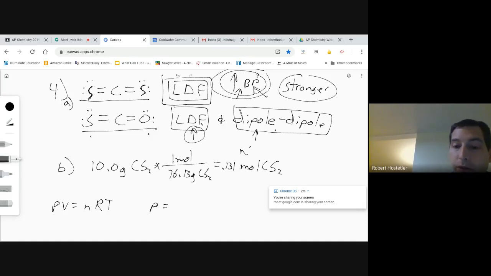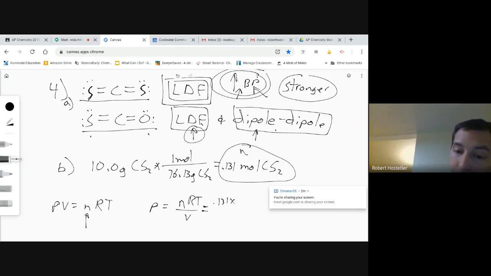Now, if we know the number of moles of the part we're talking about, we can determine the pressure of the part we're talking about. So we're just going to take our n and put it in here and use that to solve for the pressure. So the pressure is going to be nRT over the volume. And then you can just include all of the conditions that you have. We know that the number of moles is 0.131.